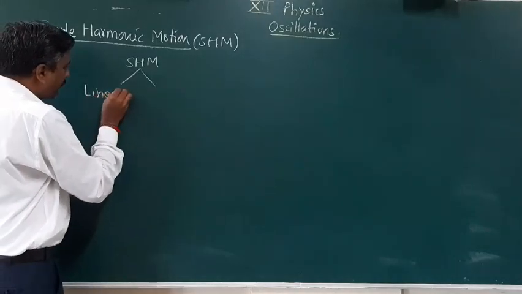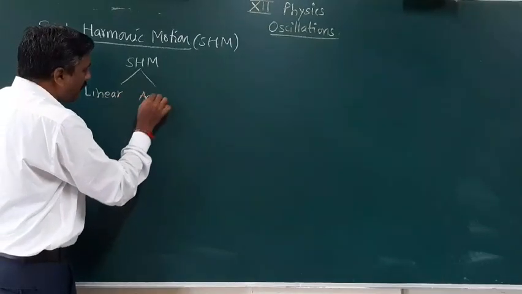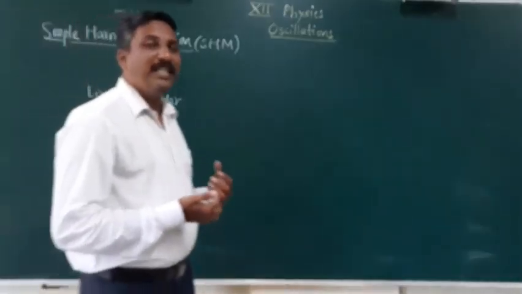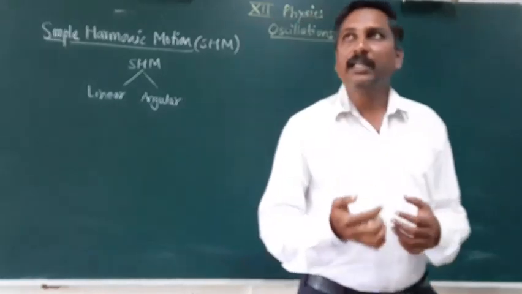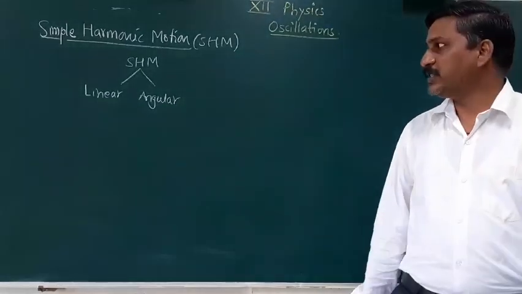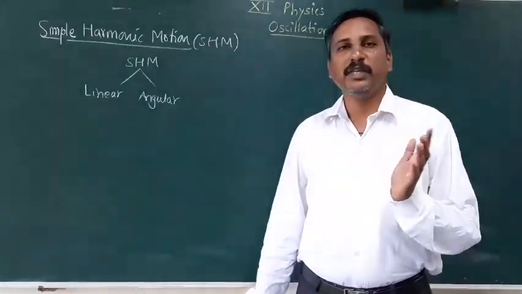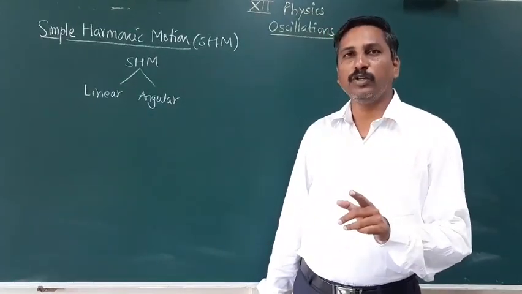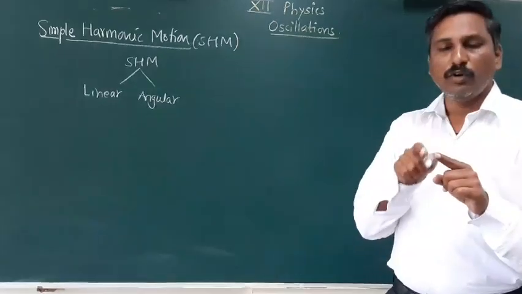Now, there are two types of SHM. One is linear SHM and the second is angular SHM. What is the meaning of linear SHM and angular SHM? Simple harmonic motion means a body performing oscillatory motion whose time period is the same.